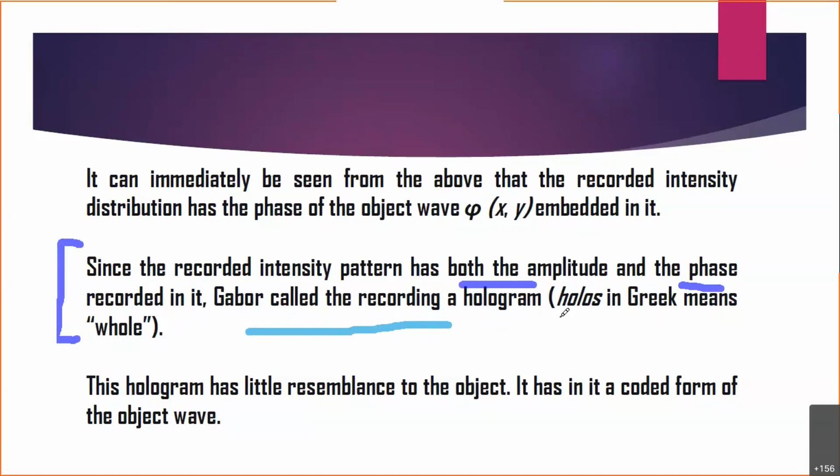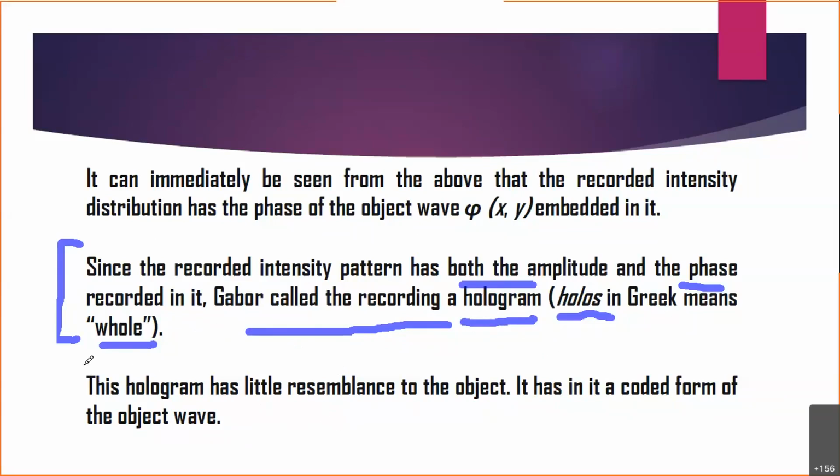Holos in Greek means whole, and gram means recording. So hologram means complete recording. That is why we know it as a hologram because of the Greek words, but otherwise the meaning is complete recording, one can say.